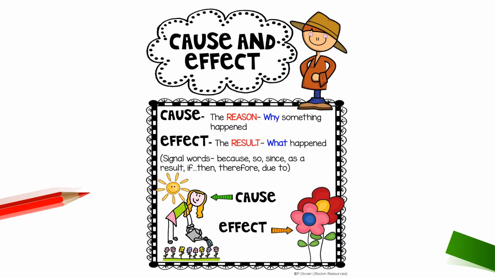That's the reason why she wants the effect to be beautiful flowers growing. So she waters them. There's that "so" again. Or the result of her watering the flowers is that the flowers grew to be big and beautiful. Let's now practice a little of this.